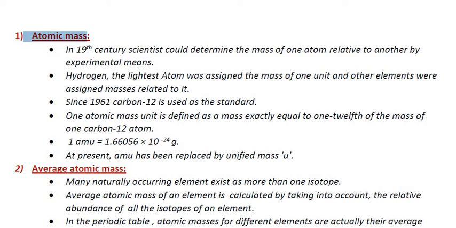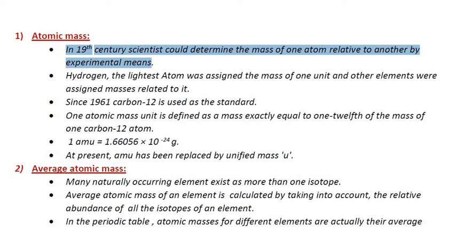Atomic mass. In the 19th century, scientists could determine the mass of one atom relative to another by experimental means. Hydrogen was used as the reference atom because it was the lightest atom, and the other atoms were assigned masses relative to it.